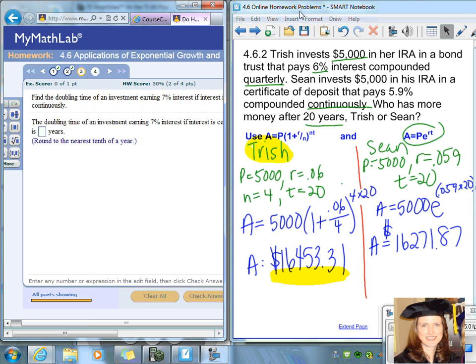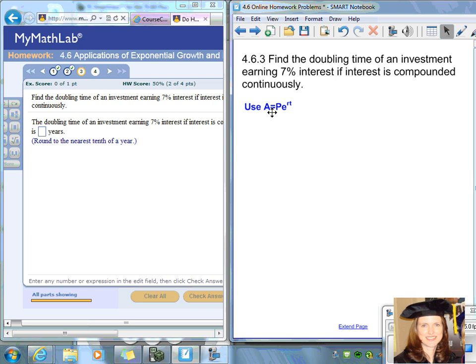All right, let's look at question number 3 from section 4.6. Find the doubling time of an investment earning 7% if interest is compounded continuously. Well, finding the doubling time.